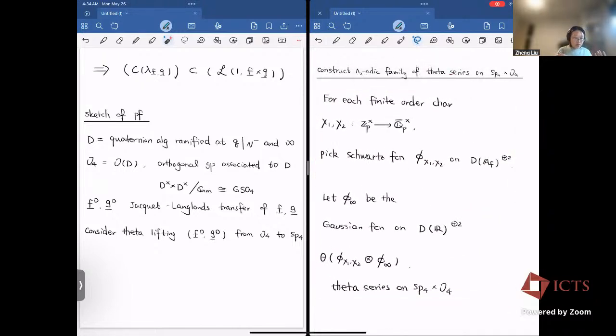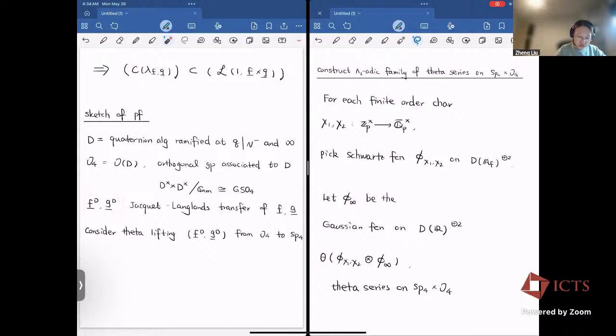So to construct Hida families of Yoshida lifts, what we want is to first construct a p-adic family of theta series, and then pair them with this F upper D and G upper D on O4.